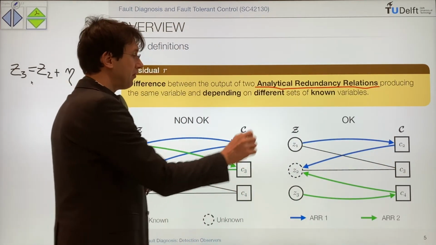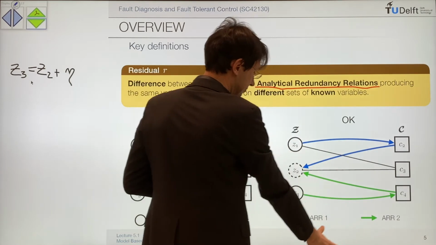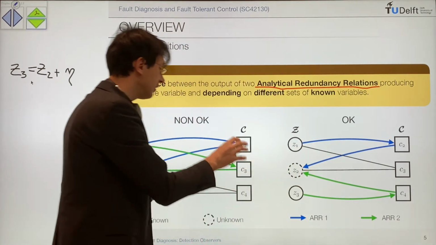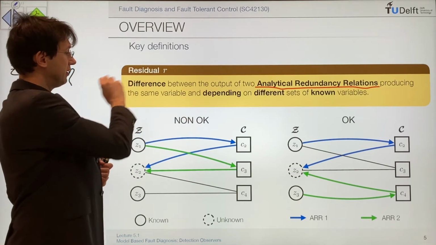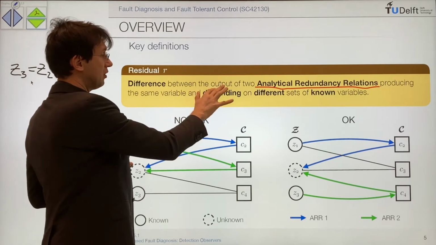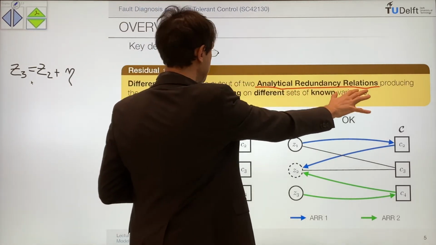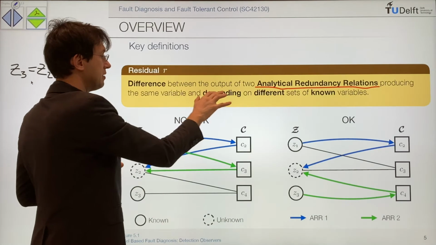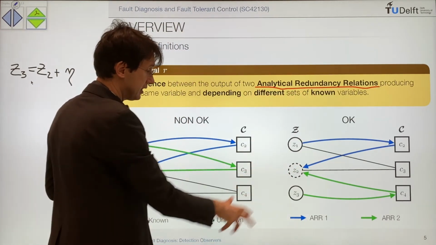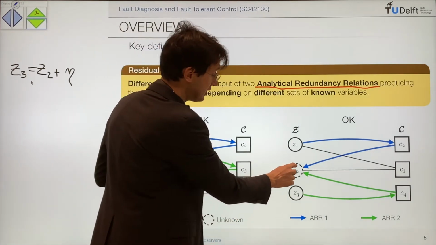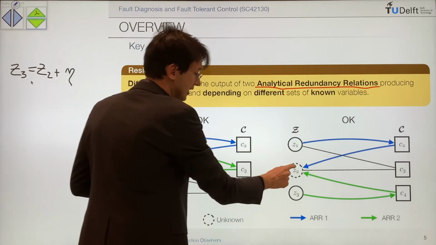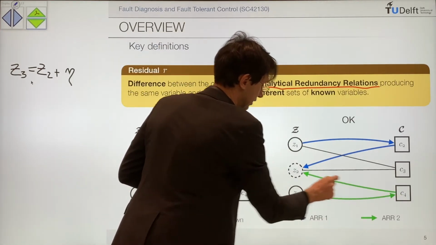So if we are in this situation, and we can do this check, then we can formally introduce the residual, because the residual R is the difference between the output of two analytical redundancy relations producing the same variable and depending on different sets of known variables. So indeed, in this case, I can take the difference between the Z2 predicted over the blue path and the Z2 reconstructed over the green path.